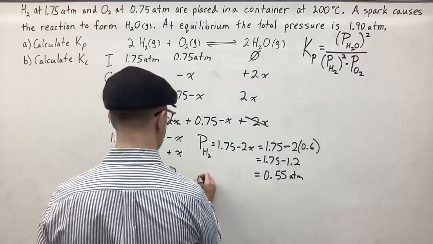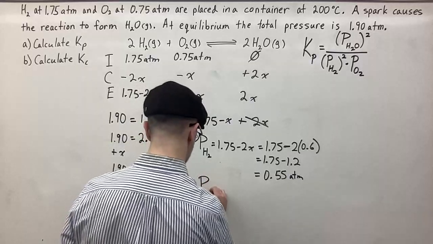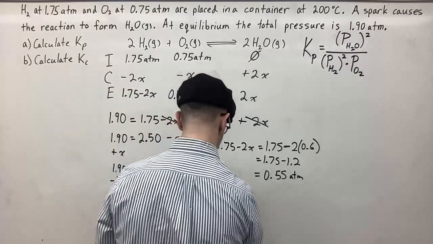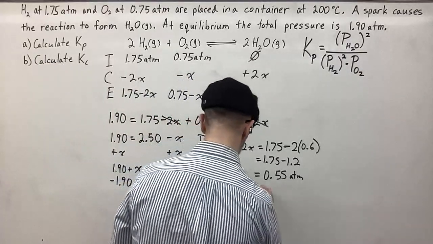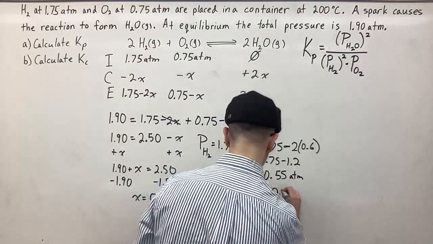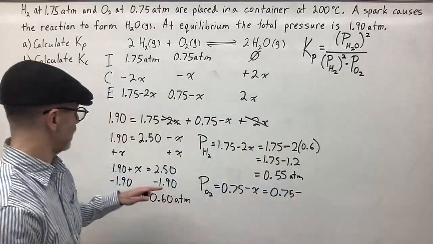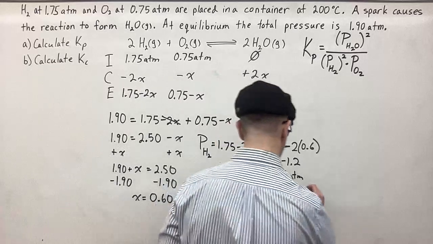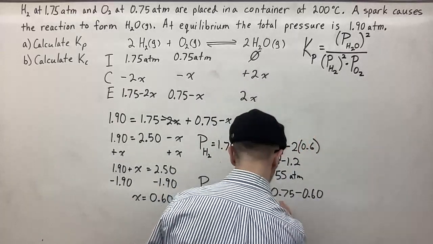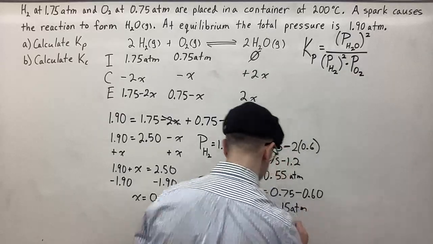And then we do the same thing for O2. So the partial pressure of O2 is equal to 0.75 minus X. And then again, that's going to be equal to 0.75 minus, well, X is again 0.60, so 0.60, and then subtract those, and we get 0.15 atmospheres.